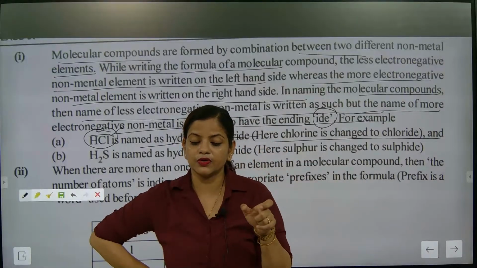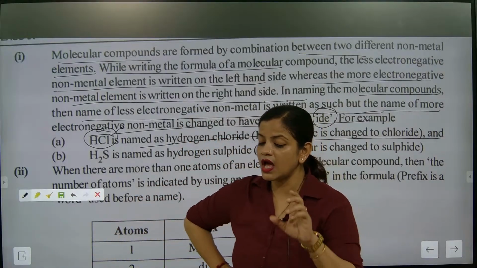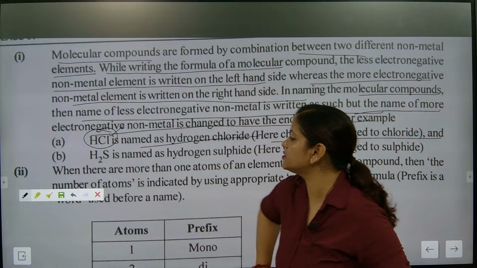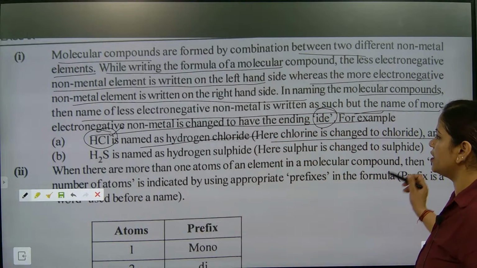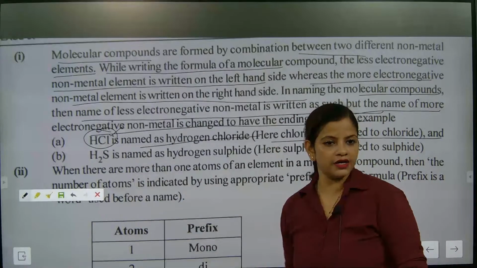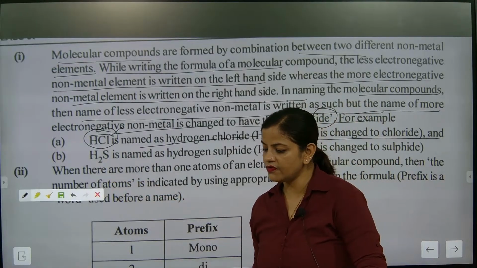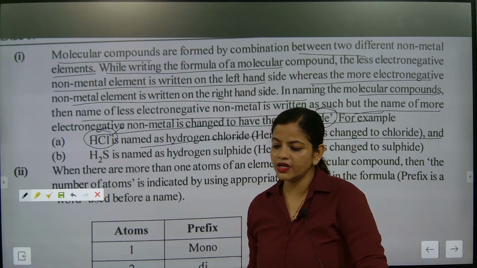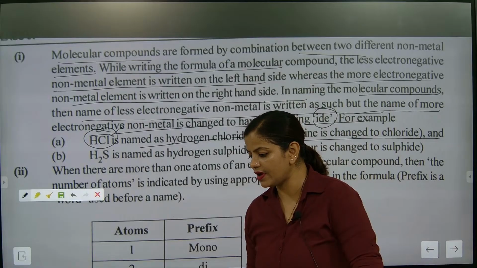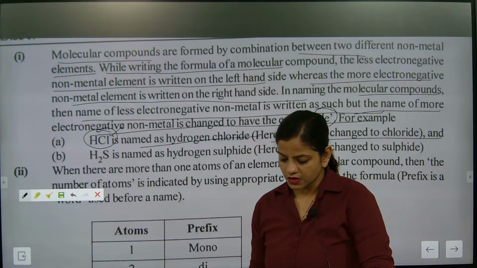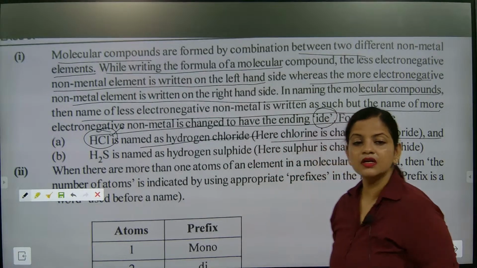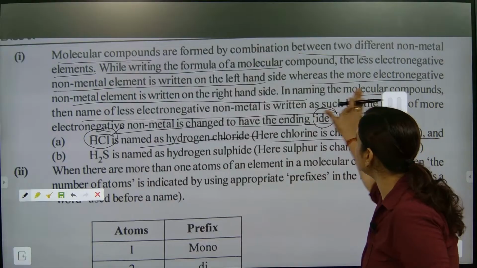The chlorine is more electronegative, so we are using the word ide for chlorine. Remember this. Now here, sulfur is more electronegative, so we are using the word sulfide. I hope you have understood. This is most important.